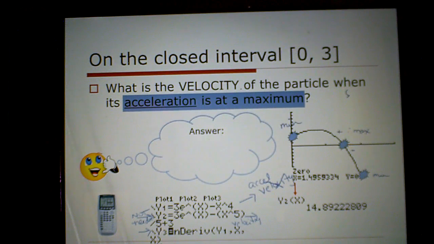So, what is the velocity of the particle when its acceleration is at a maximum? So over here I found the x coordinate where the derivative is at a max. The derivative is at a max, this x. Then I took that x and put it into the velocity function because this asked me what is the velocity.